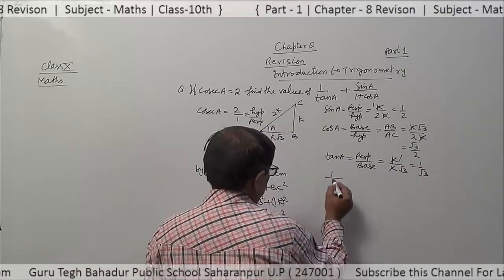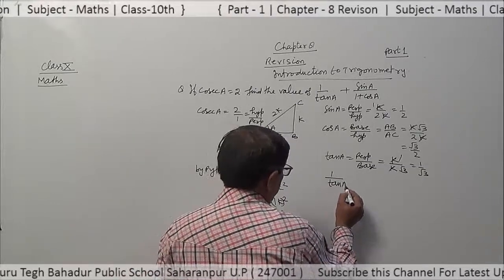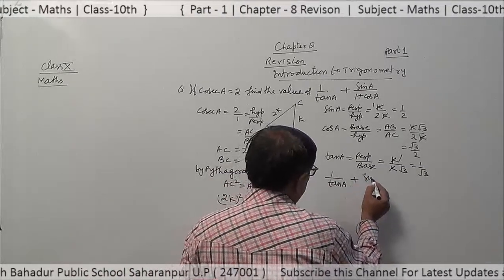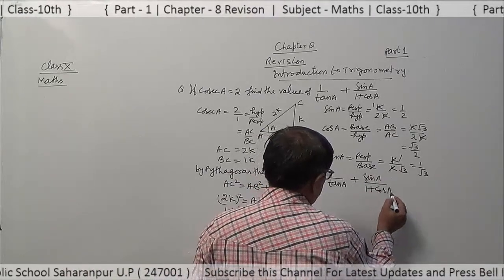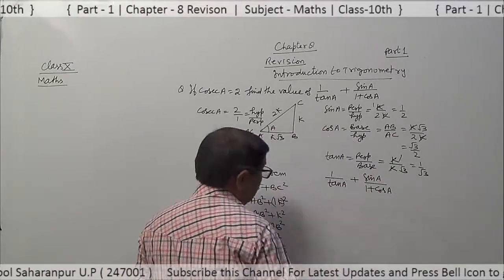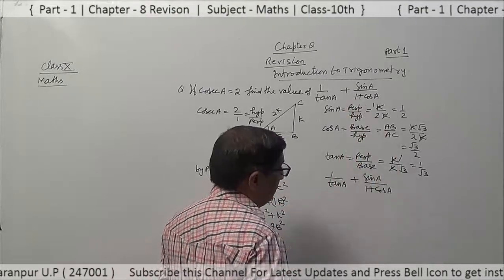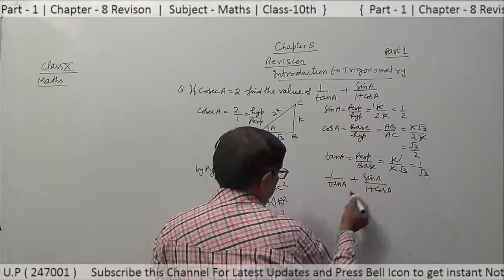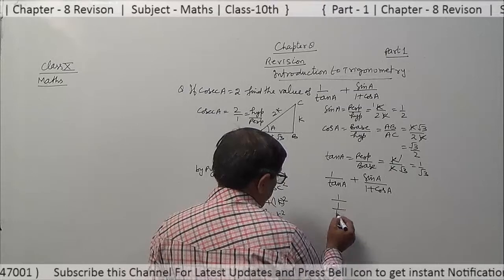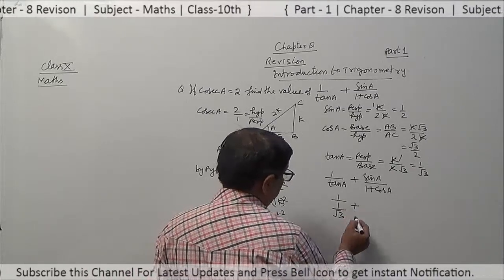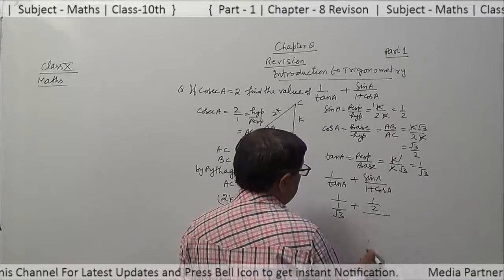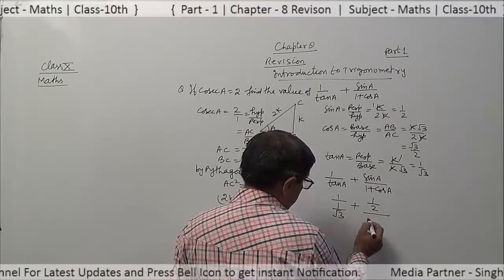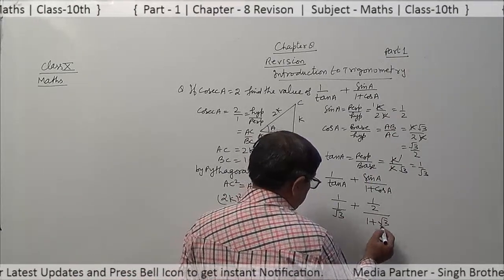So, 1 upon tan A plus sin A upon 1 plus cos A, putting the values of sin A, cos A and tan A. Tan A is 1 upon root 3, sin A is 1 upon 2, cos A is root 3 upon 2.